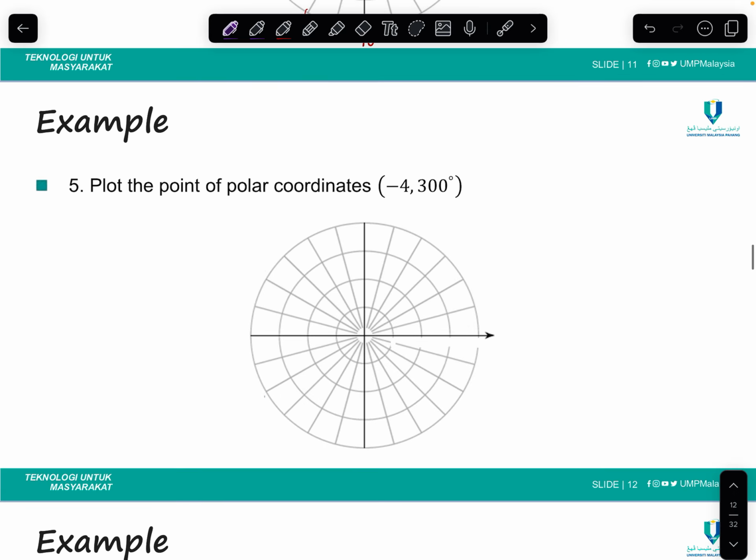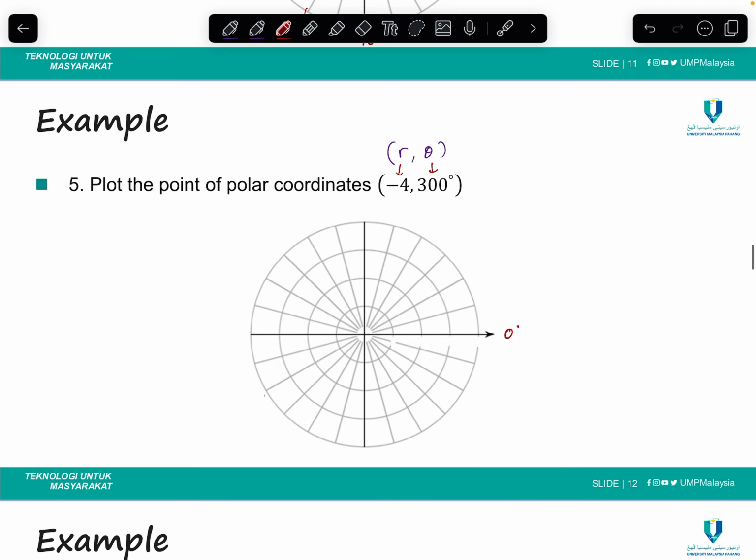Now number 5, plot the point with polar coordinates (-4, 300). Again, the coordinate is in the form (r, theta). Theta is 300, and r is -4. First you have to determine the angle 300. 300 is positive, so it rotates counterclockwise.